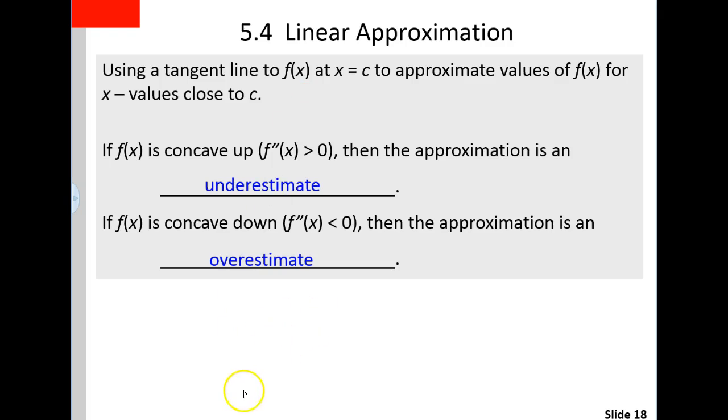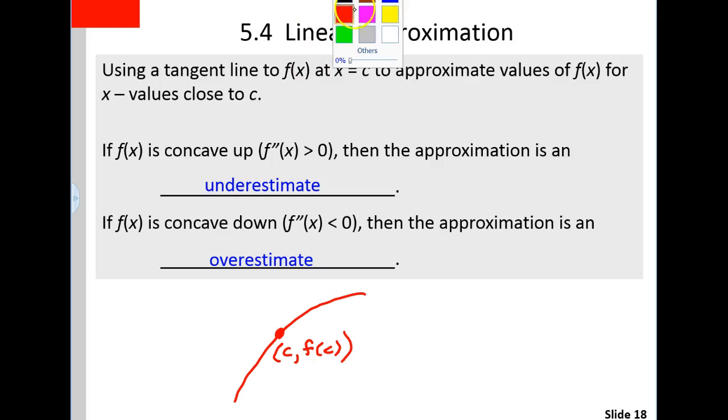So if we draw a picture, and let's say we have a particular value here at x equals c, the y value, of course, would be f of c. So we are going to be using a tangent line. So let's go ahead and draw in the tangent line.